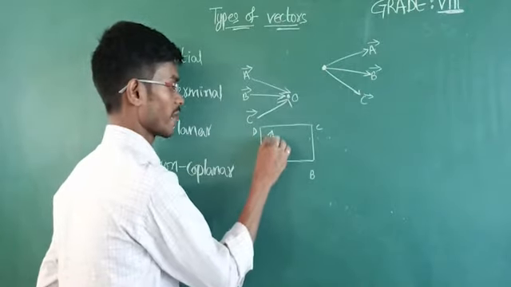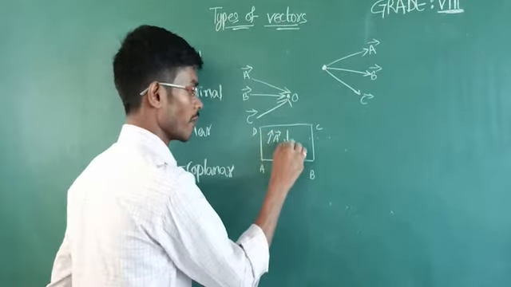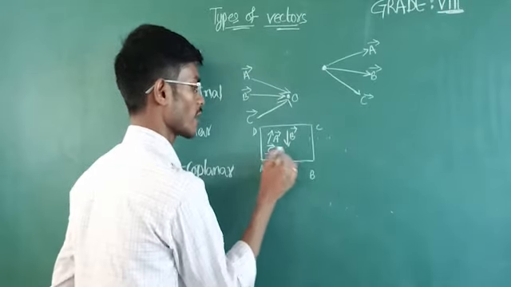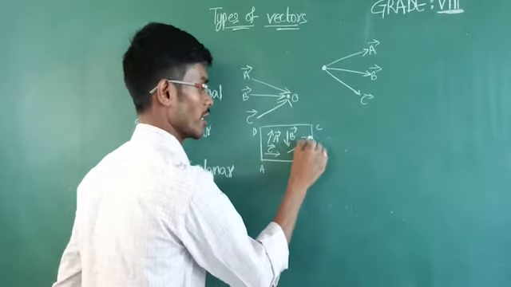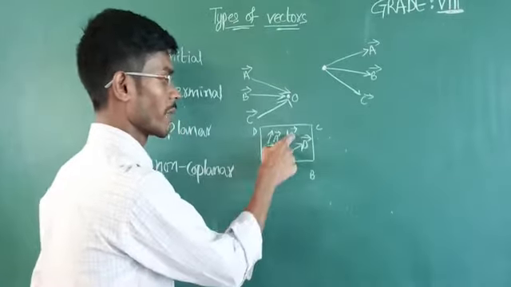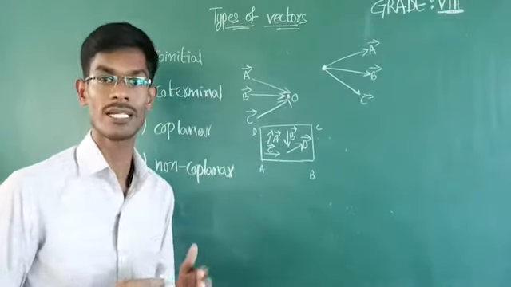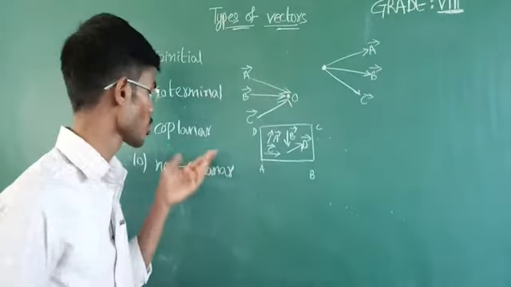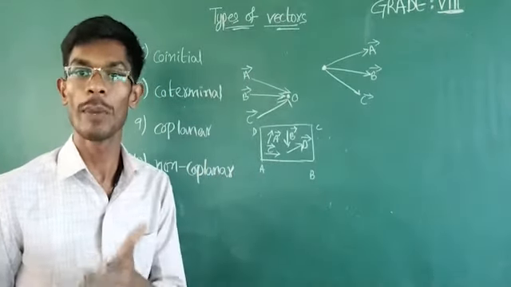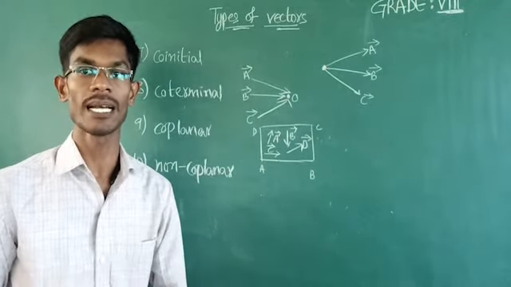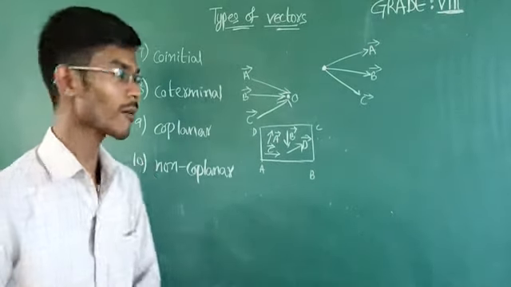Suppose I consider vectors A bar, B bar, C bar and D bar, which may be of any direction. These all four vectors are sharing the same plane. So those vectors we will call coplanar vectors. The vectors which are lying on the same plane are represented as coplanar vectors.